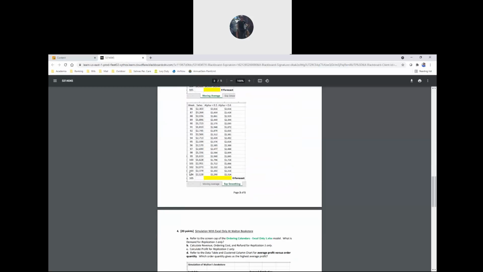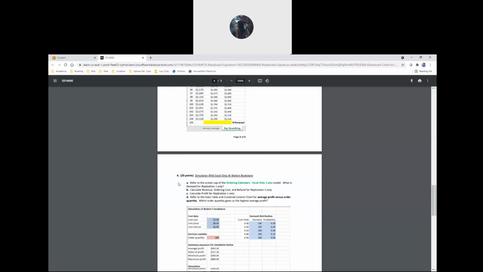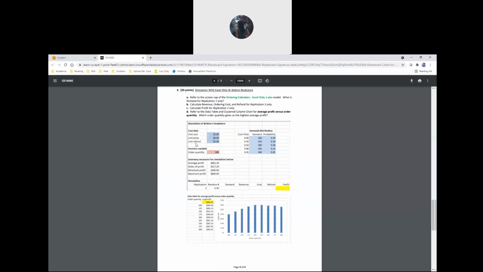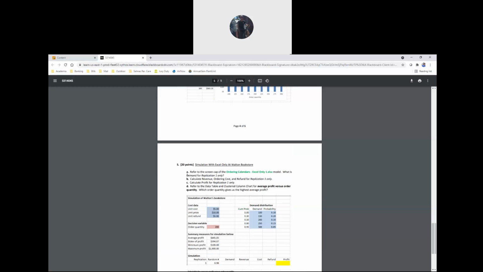and this information. Then for 4 and 5, you're going to look at the screen caps, and based on the random number, you're going to get demand, revenue, ordering cost, refund, and profit. Then just find the highest profit with the associated order quantity, and the same with this one.